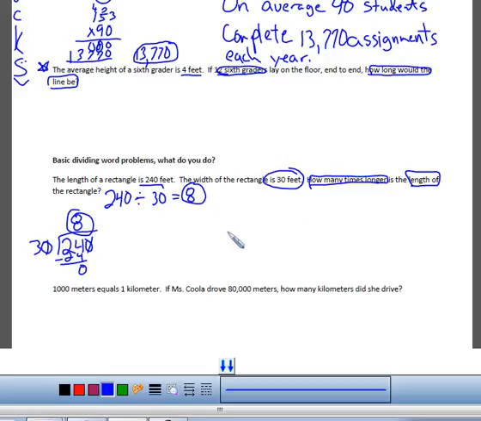Alright, so complete sentence. How many times longer is the length of the rectangle? The length of the rectangle is 8 times longer than the width.